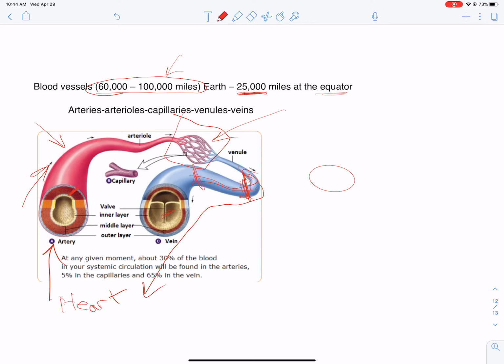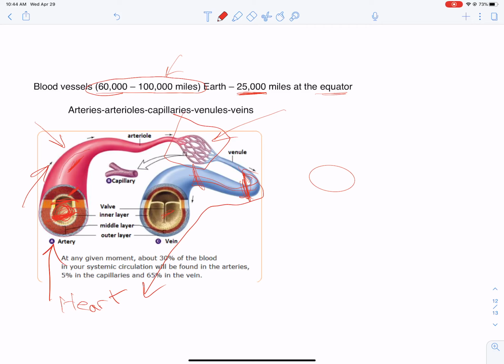If I take a look at kind of the size of these, my aorta, which all the blood's going to come out of the heart in that one tube. Going across here, I'd have millions and millions of red blood cells at a time going through here. Across here, I would have hundreds of millions of them.